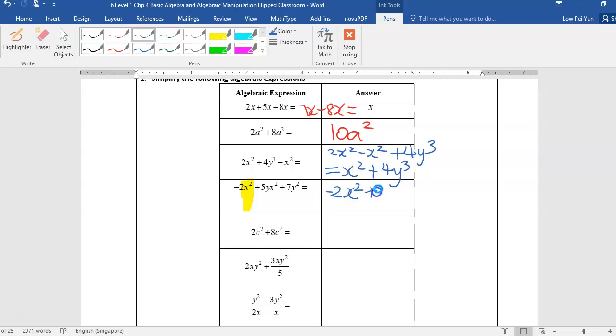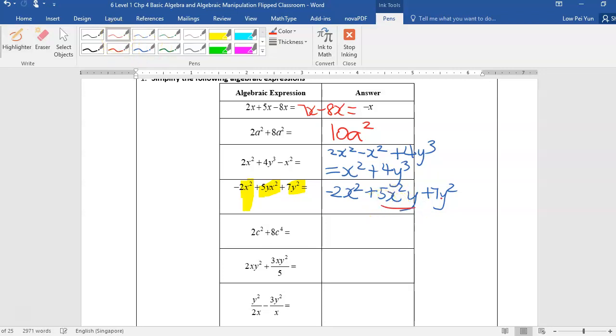I'm gonna write plus 5x squared y, then plus 7y squared. Apparently, they are all unlike terms. They are not the same as each other.